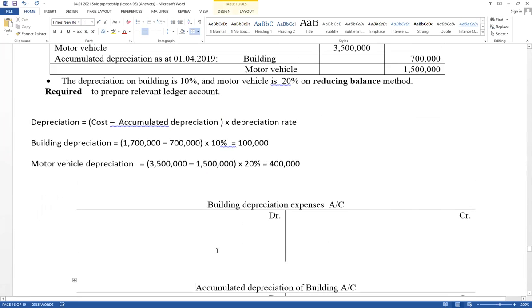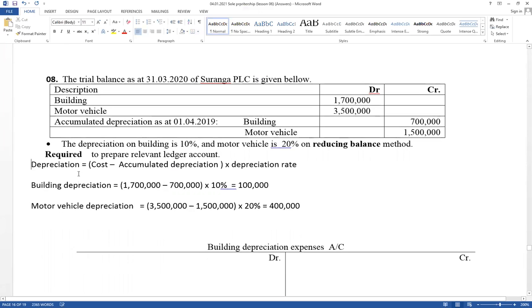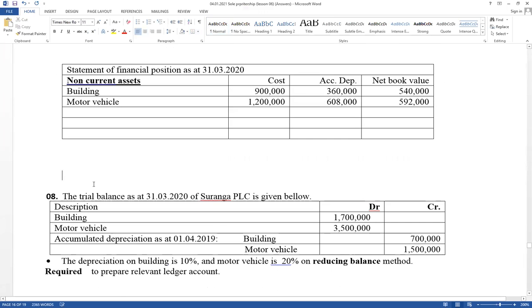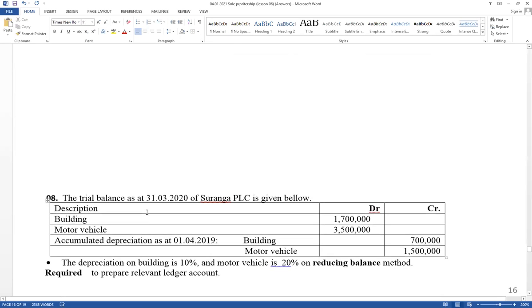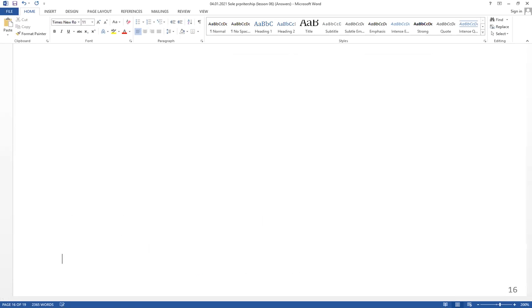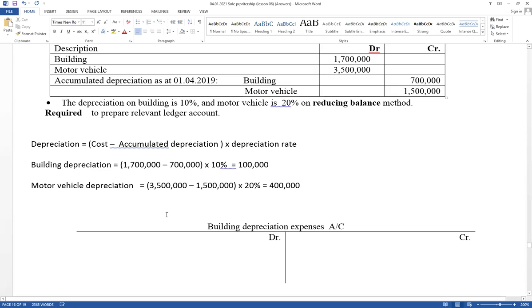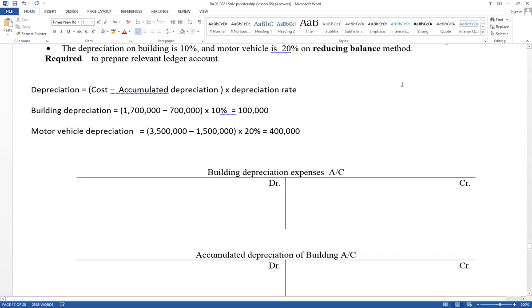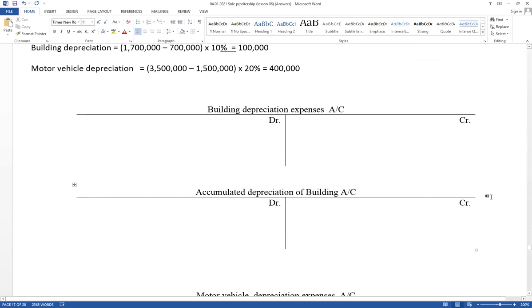First, take the balances. In the accumulated depreciation of building account, the balance available is 700,000, recorded on the credit side as balance brought forward.